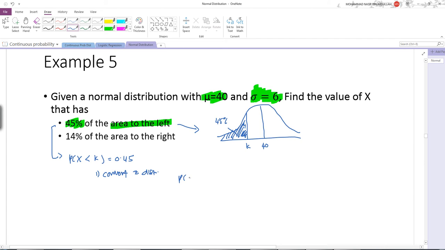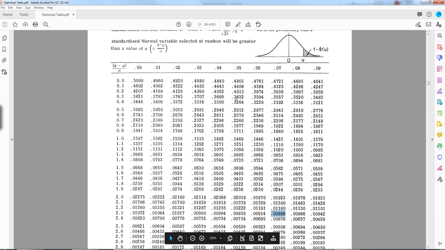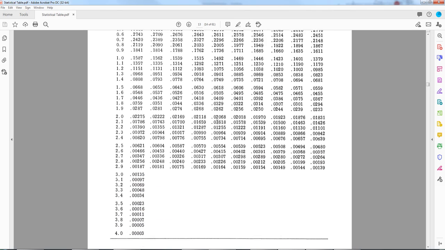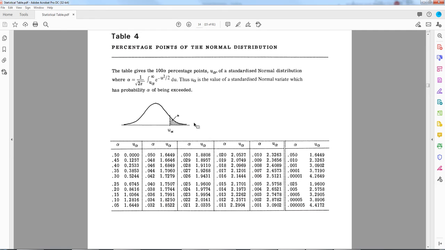Probability of z less than k minus 40 divided by 6 equal to 0.45. So refer to the statistical table. Kita tengok yang priority kita letak kat table number 4 dulu. 0.45 is here. Right, kita dah ada value of 0.45.